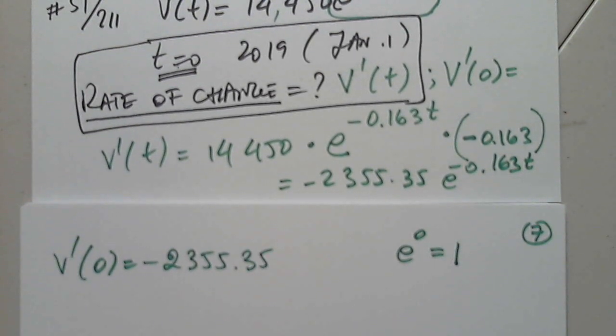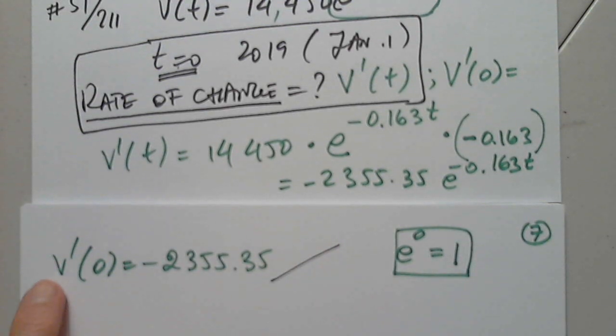So then the rate of change is negative 2355.35. I need the measurement unit. As a rate of change, how many measurement units does it have? Two: one coming from here and the other one coming from here. This is the value. We can go back and see what V is measured in.